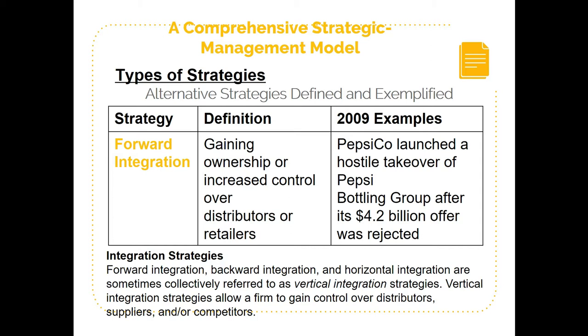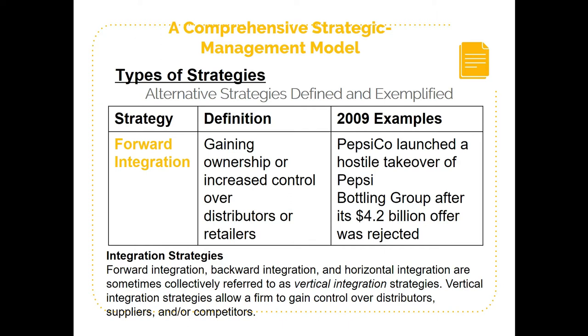So first is your forward integration. So forward integration meaning to say you gain ownership or you increase control over distributors or retailers. So here is an example. In 2009, PepsiCo launched a hostile takeover of Pepsi Bottling Group after its 4.2 billion offer was rejected.